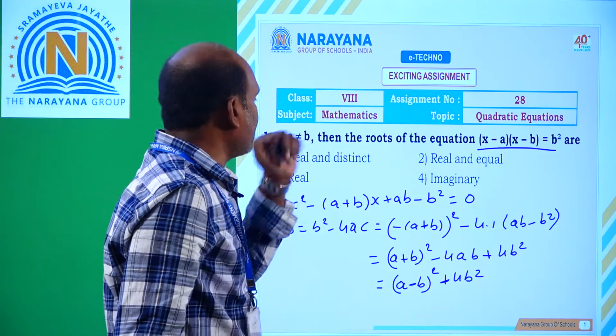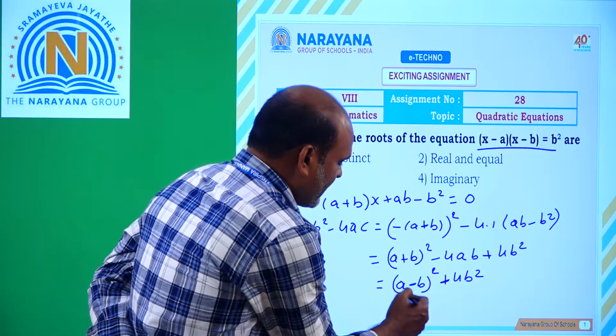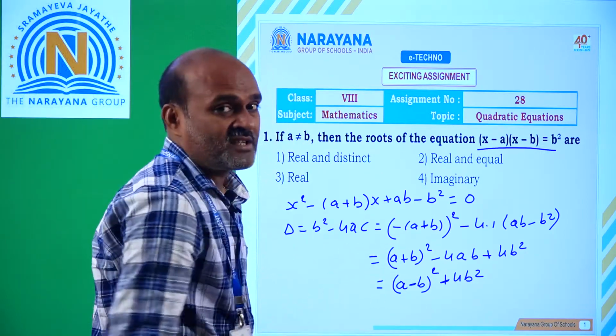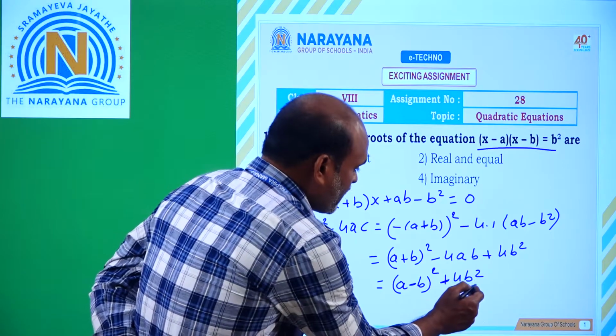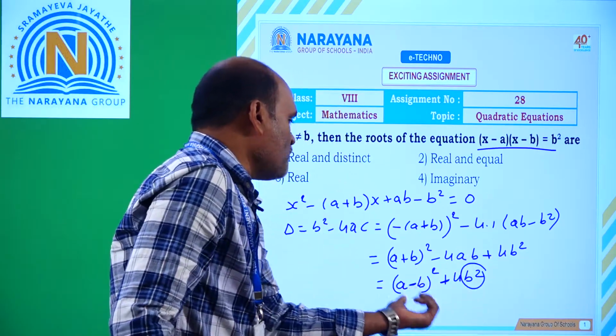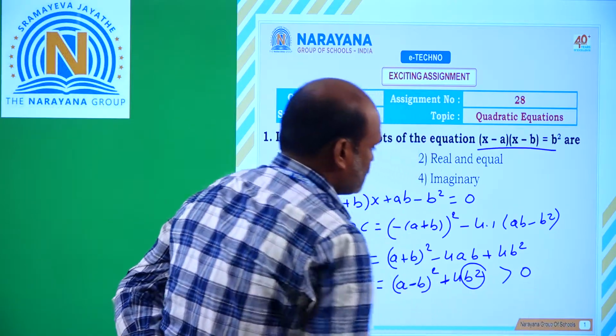Given a not equal to b means this is a square number. Square number is always positive, plus 4 into this b square is also a square number. So this is also positive, positive plus positive, that is positive, this is always greater than 0.